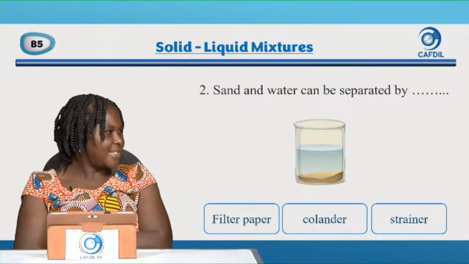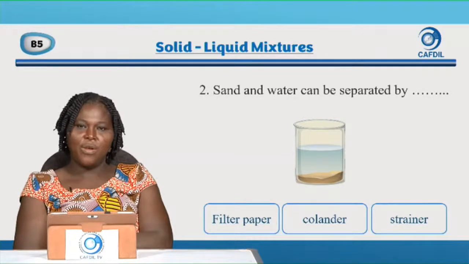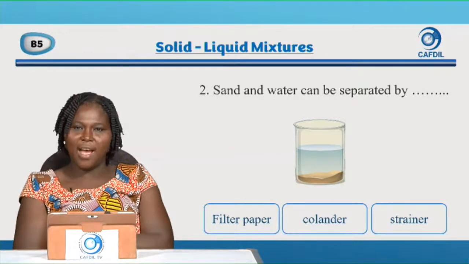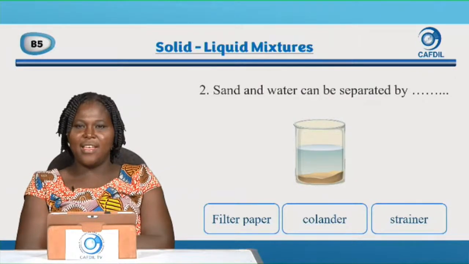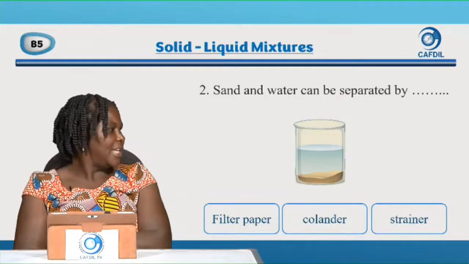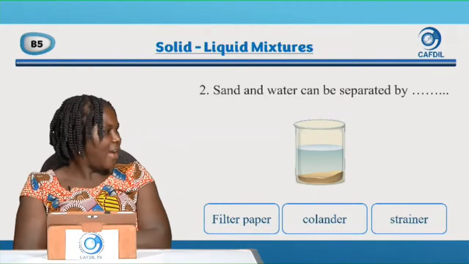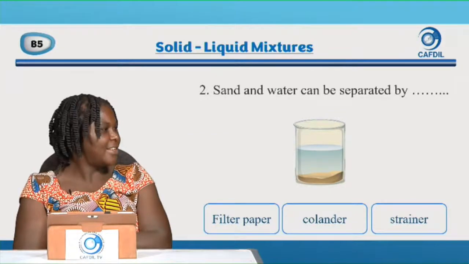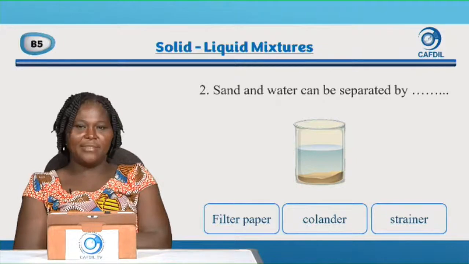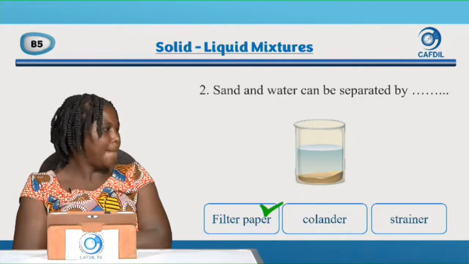Good. Question number 2. Sand and water can be separated by: filter paper or colander? Yes, filter paper.